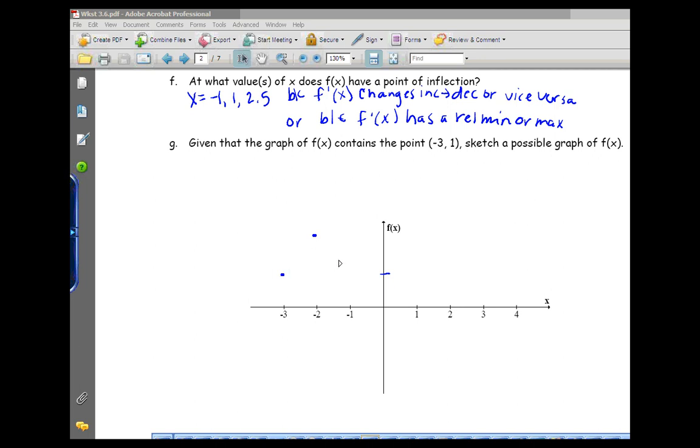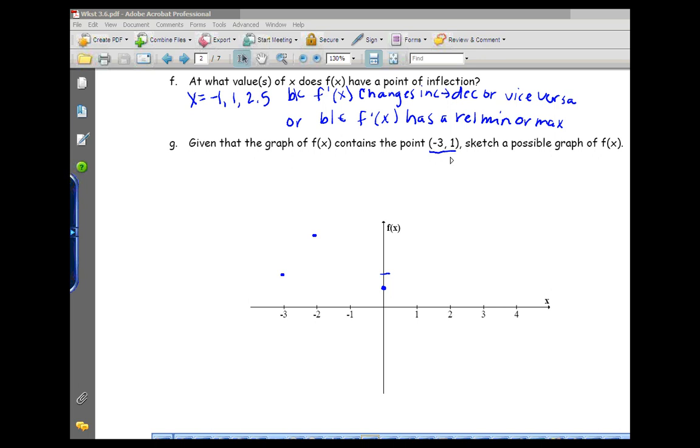All right, and then my function f is going to decrease until I get to x equals 0, and x equals 0 is a relative minimum. I don't care where you put this relative minimum as long as x equals 0 is lower than x equals -2. Why did you have -3, 1? Because it told me to sketch a graph that contains the point -3, 1.